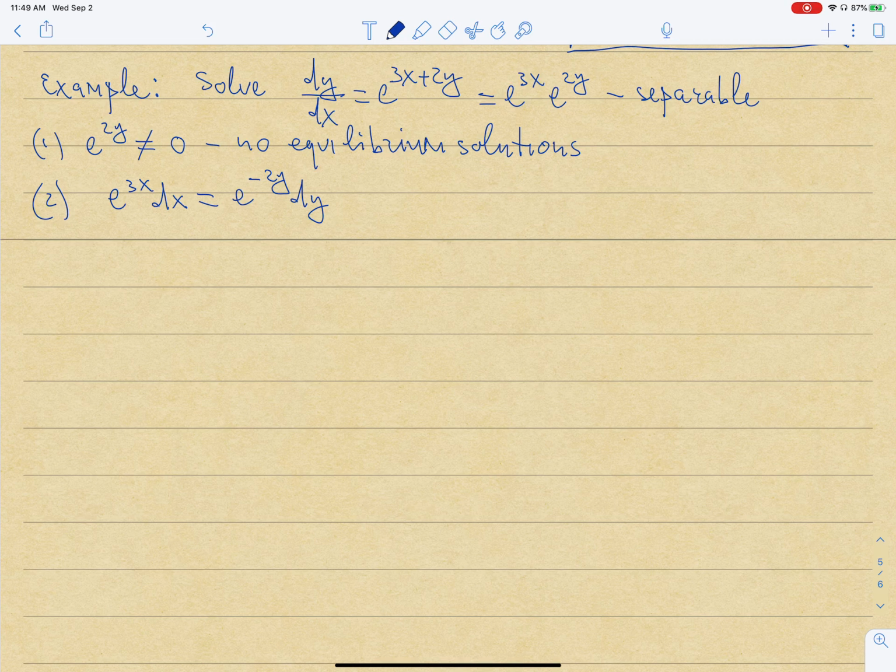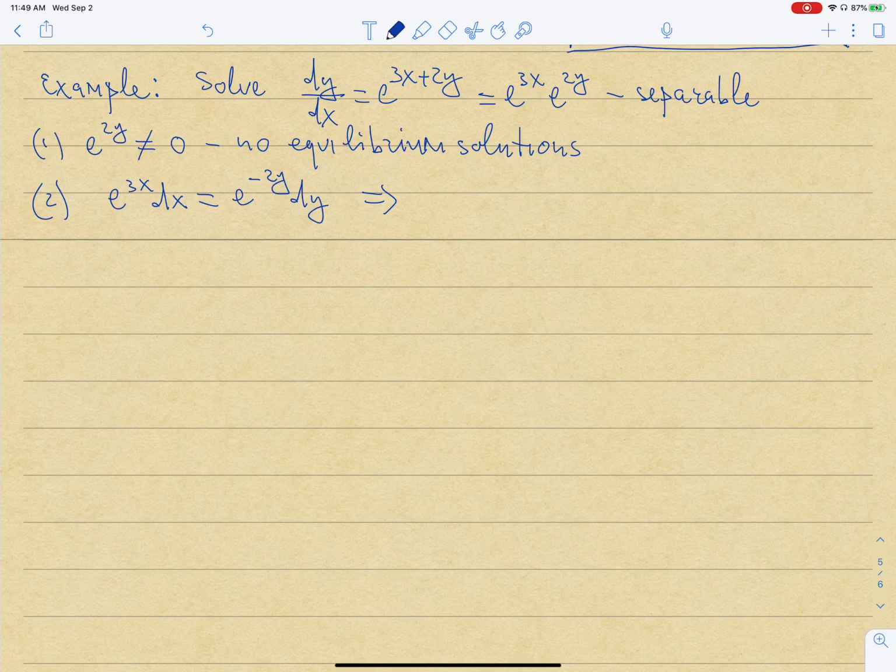Right, so I moved all x's to the right, and I moved all y's to the left, and I just wrote things backwards. But equality works in either way, so it really doesn't matter.